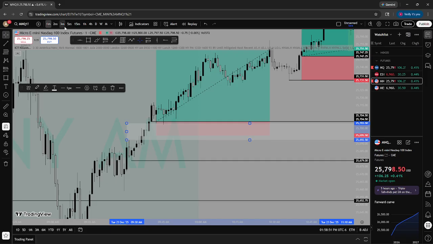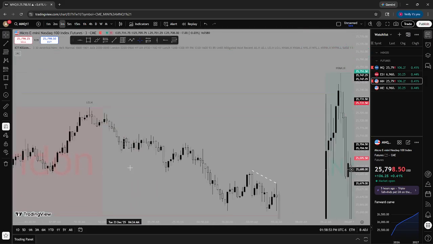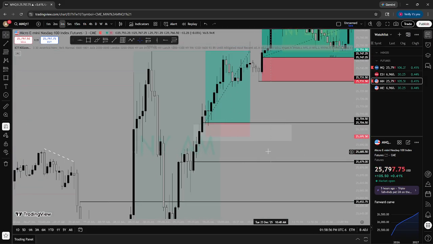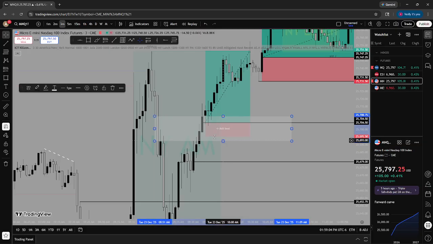It wasn't quite in the PD array. It was an inversion. That's what I took. Usually I don't take inversions, but this time I did. It just gets annoying sometimes. You get hungry for a trade, which is where I went wrong today.